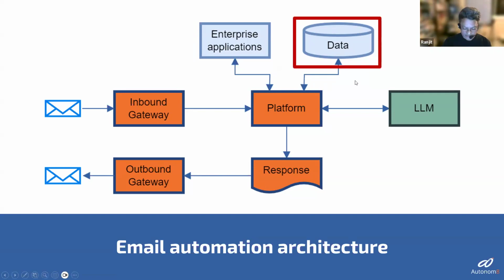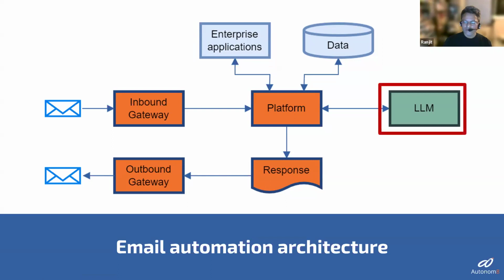For example, if you have a knowledge base that is continuously being updated, you want to make sure the platform is aware of it and is able to take this most recent knowledge to construct the responses. Once an email comes in, we generally package it and create a prompt, in the parlance of GenAI, that gets sent to a third-party model.